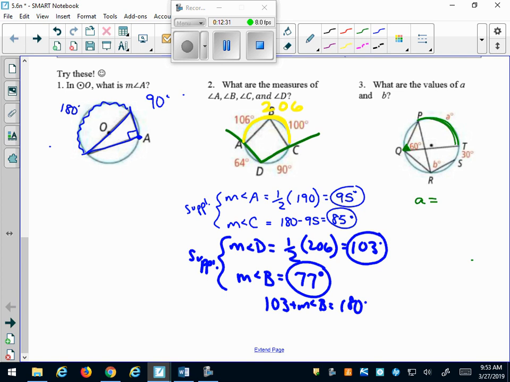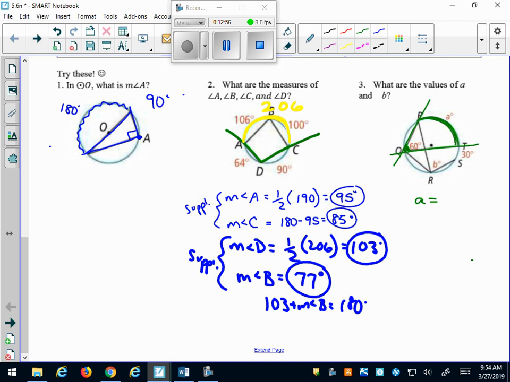It's hard to see on the smartboard, but if you cover everything up and just look at what's left, it helps you to identify what the intercepted arcs are. Sometimes it gets confusing because they add in a lot of stuff, and you want to just isolate what you're looking at. Sometimes putting an index card on this edge and an index card on this edge and covering everything else up isolates that intercepted arc.